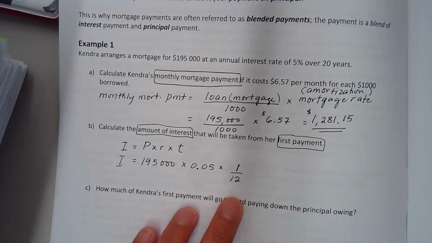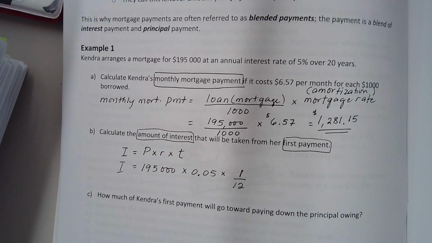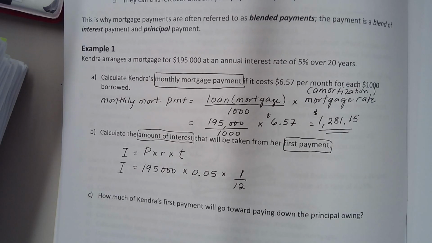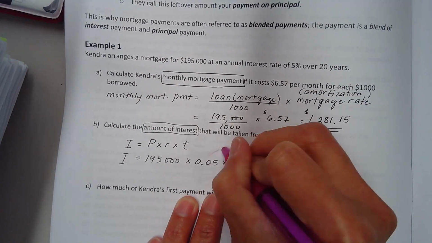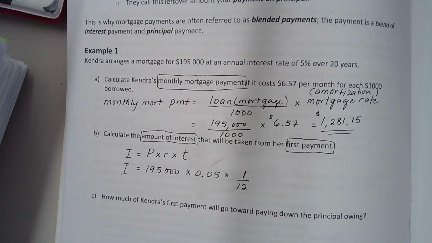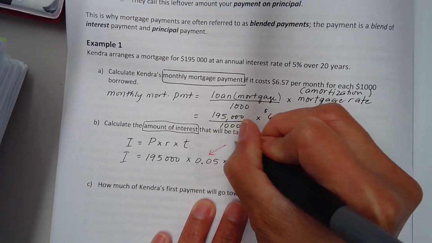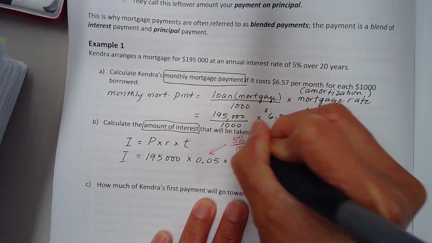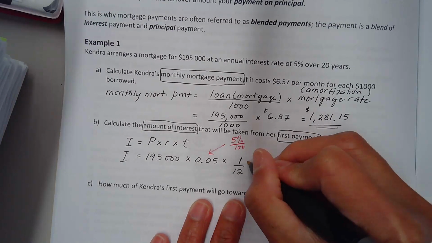Okay, so I'm going to have a little bubble over here so that you can see what happened there. Where did that number come from, and so on. So that 0.05 came from 5% divided by 100. Now this is the time piece.